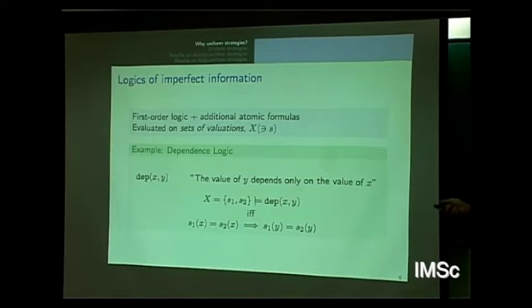And of course, if you evaluate it on a single assignment, it doesn't make much sense. If you evaluate it on a big set of assignments, then if it's true on a big set of assignments, the chances are that Y really depends on X.